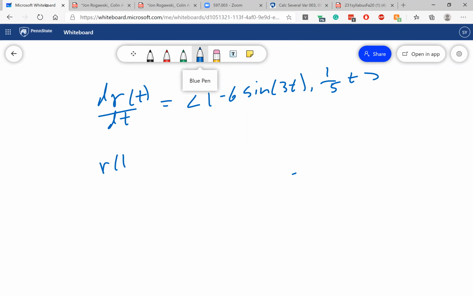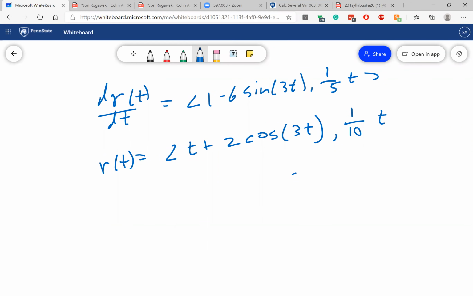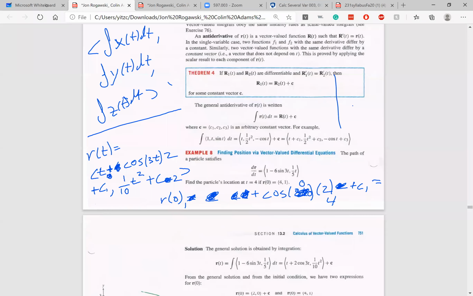Okay, so r of t is going to be equal to t minus 2, so plus 2 cosine of 3t, and then 1 over 10 t squared. And we know that r of 0 is equal to, 4 and 2, right? No, 4 and 1.